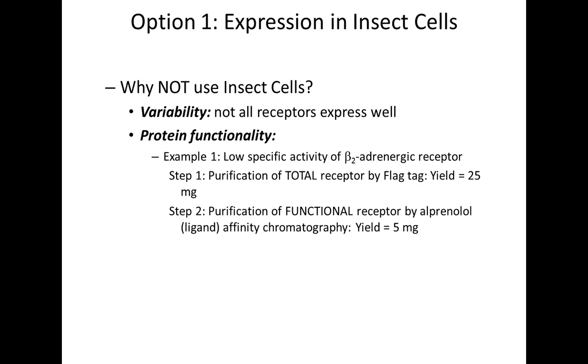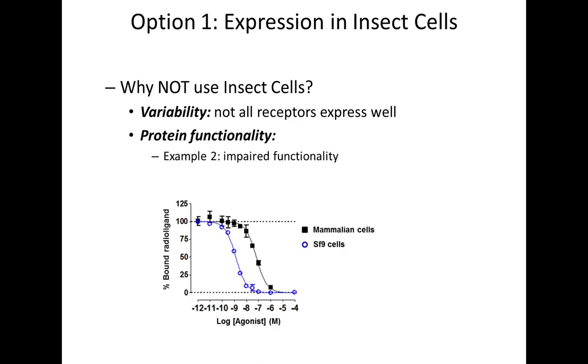But when you purify that and measure the functionality of the receptor, by looking at the ability of its ligand to bind, it's much lower. The functionality decreases substantially, so you have to use secondary affinity chromatography steps to get pure and functional material. All this is quite labor intensive, and you have to develop different techniques for each individual receptor.